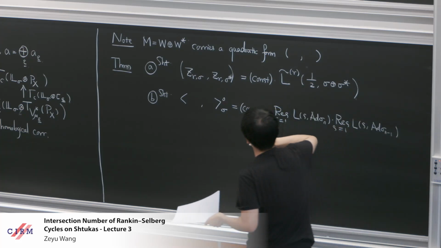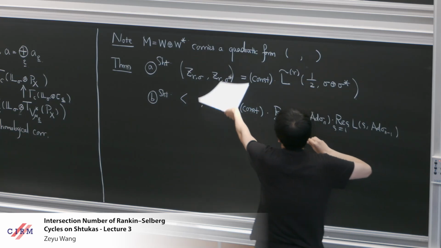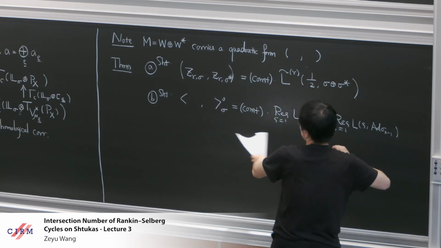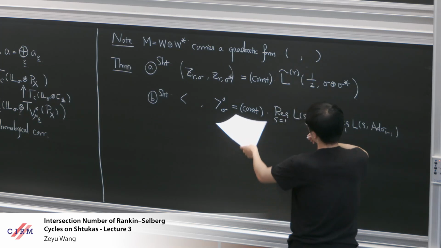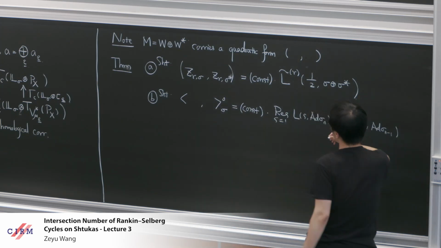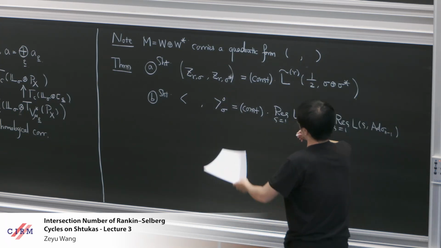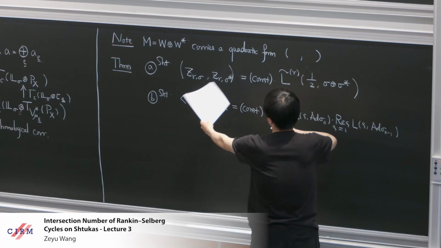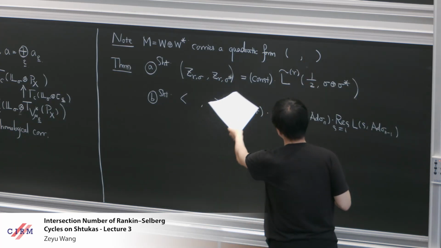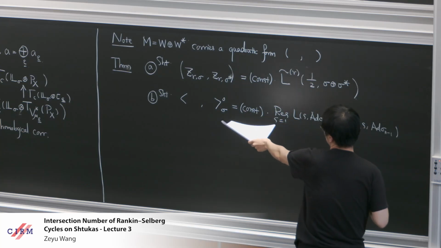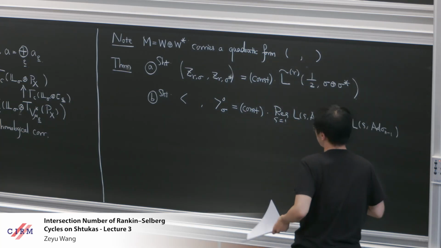So this really separated the theorem into two statements. You can think of the first statement as a statement about something vertically normalized, and the second is purely about the.